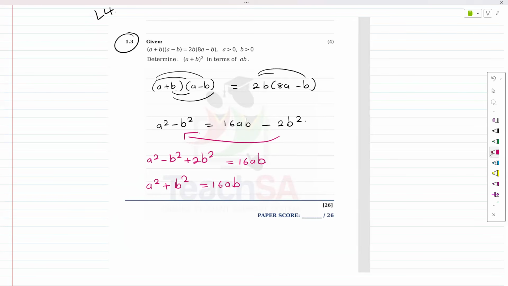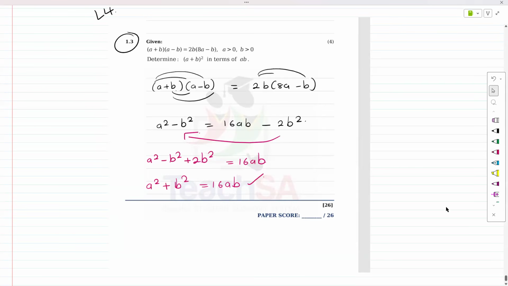Now we have this part. This one shouldn't be something you struggle with. So this is done. They want us to determine a plus b squared in terms of ab. Just imagine that everything you did here was just a setup for the proper question that was about to happen.